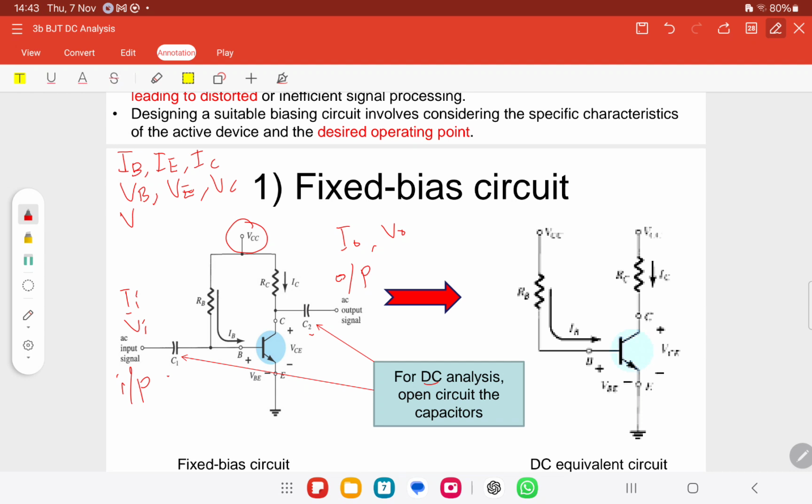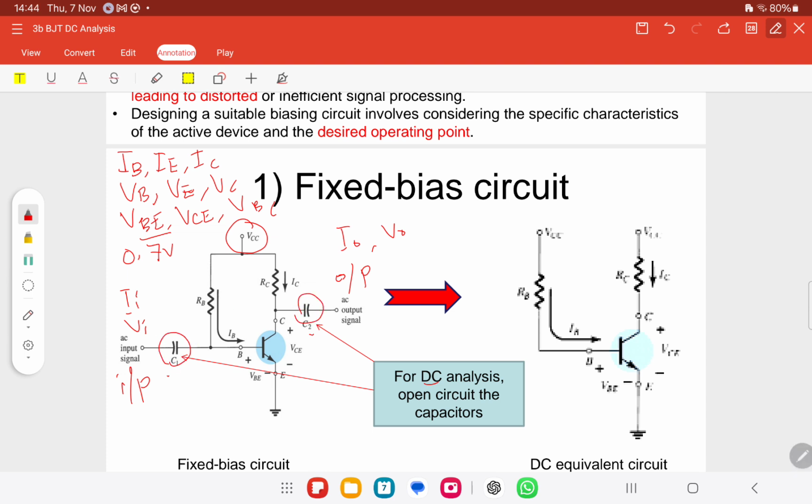In between, there are VBE, VCE, VBC. Does VBE need to be calculated? Because it is 0.7 volt all the time. Okay, very good.